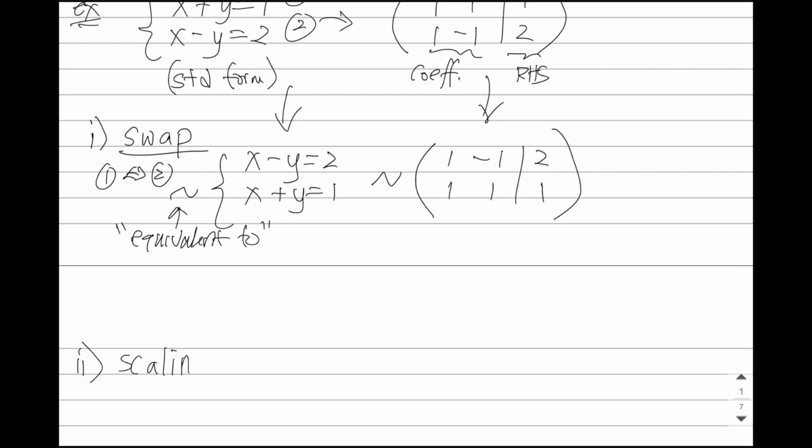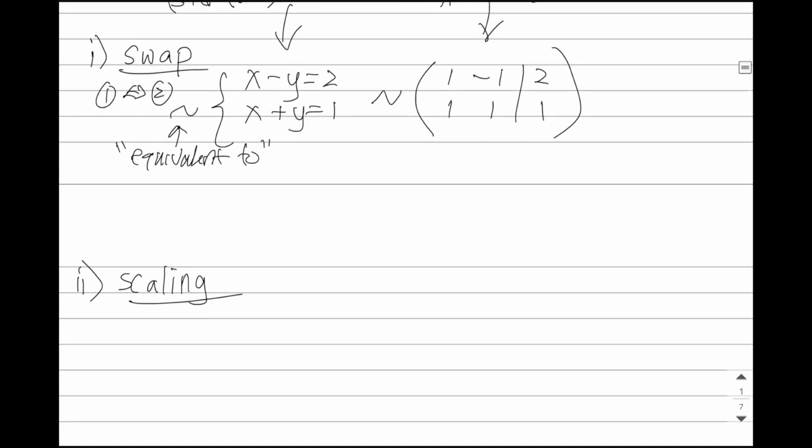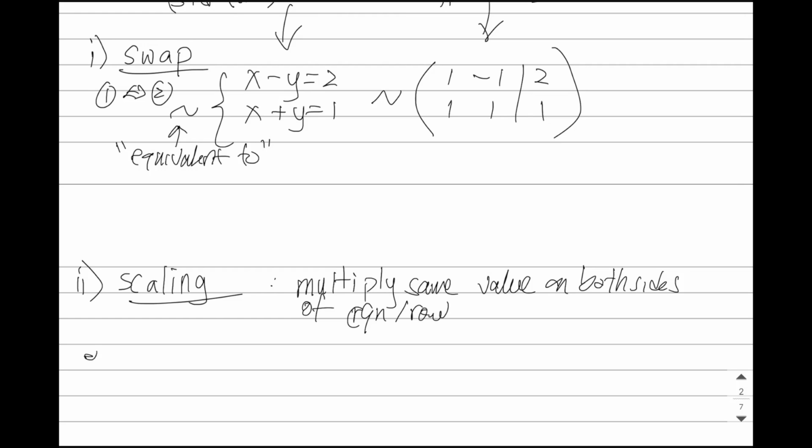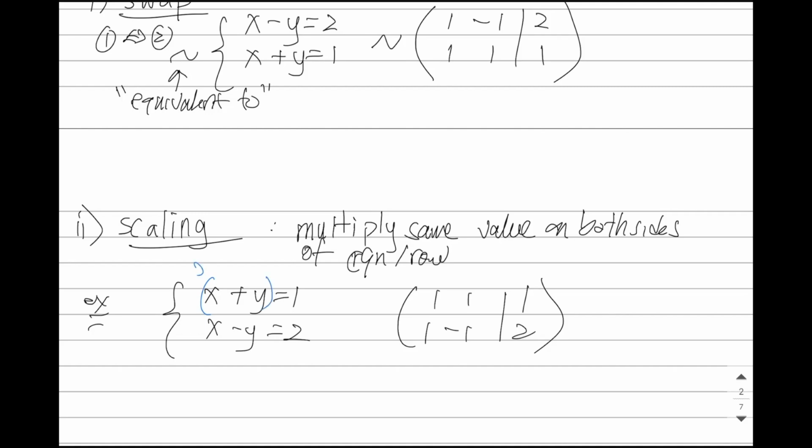The second thing that we can do is row scale. I'm allowed to multiply both sides of an equation by the same number, and it won't change the answer. So I can multiply the same value on both sides of a single equation or row. Now, as an example from my system above, if I started with x plus y is 1, x minus y is 2, I could take this first equation, multiply this side by 3, and if I want to make sure it has the same solution set, I have to do the same thing to the other side.